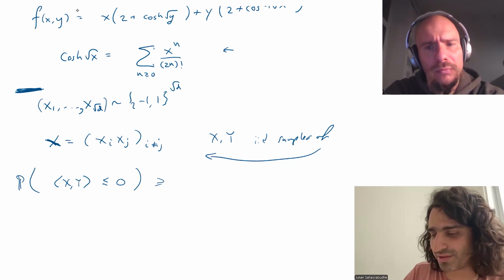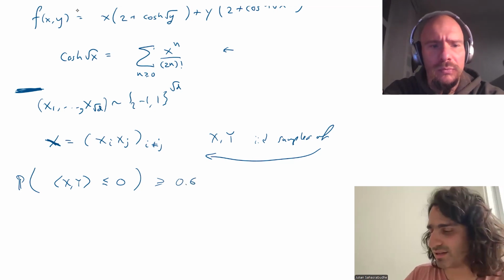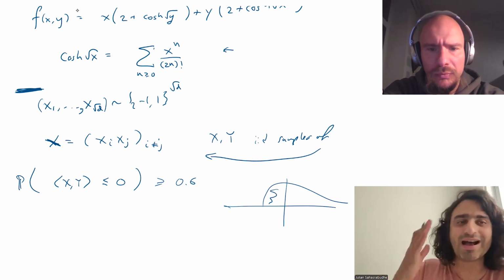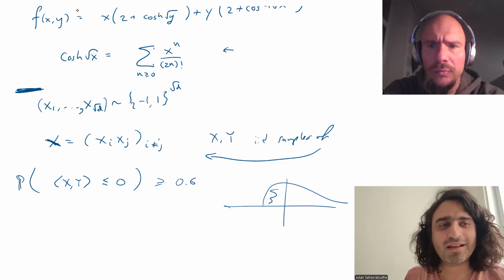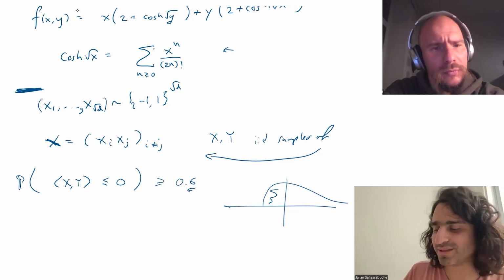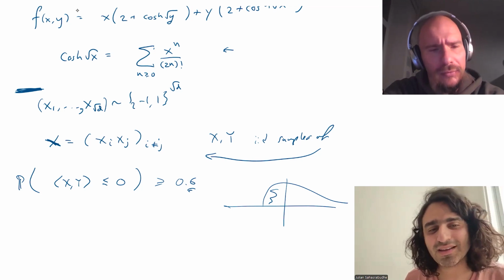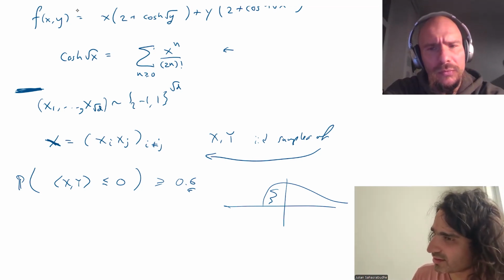I don't know the number off the top of my head, say 0.6 or something like that. So the distribution has this funny skewed property where there's more mass here. Don't quote me on this value, but it's definitely bigger than a half. So I might go sniffing around something like that, for example.